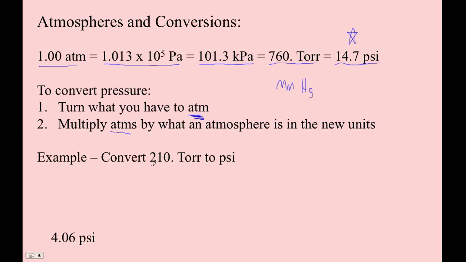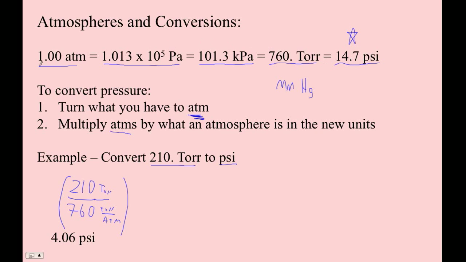Let me just show you the example here, right? We want to turn this in torr to psi, right? So to turn 210 torr into atmospheres, you just go 210 divided by 760, right? Because this is torr, and this is torr per atmosphere, right? So the units are that we end up with atmospheres, right? Okay. And then we're going to multiply that by, we want to turn it into psi.